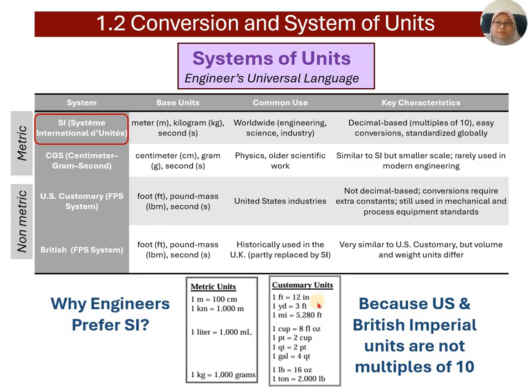We don't need to memorize all the weird numbers such as 1 foot equals 12 inches. So imagine if you want to design a factory or a chemical process plant whereby you include many international engineers. So we will use SI as our standard system of units so that everyone is on the same page.